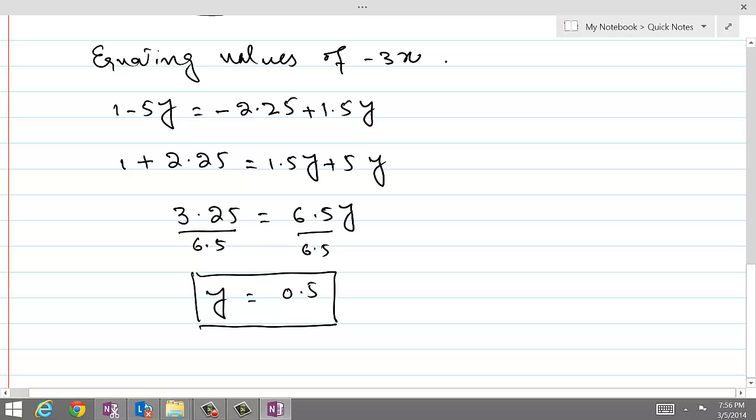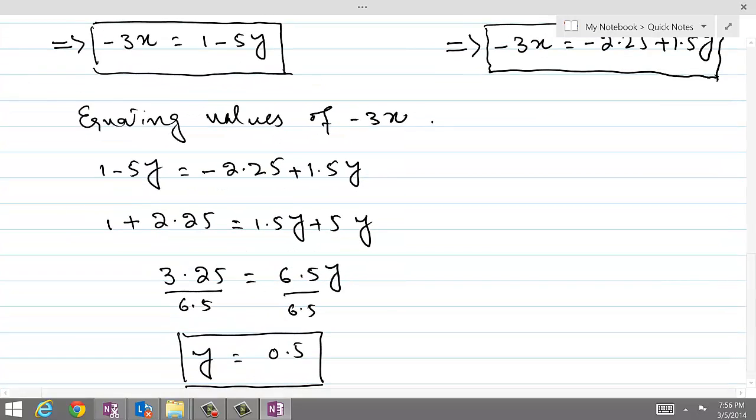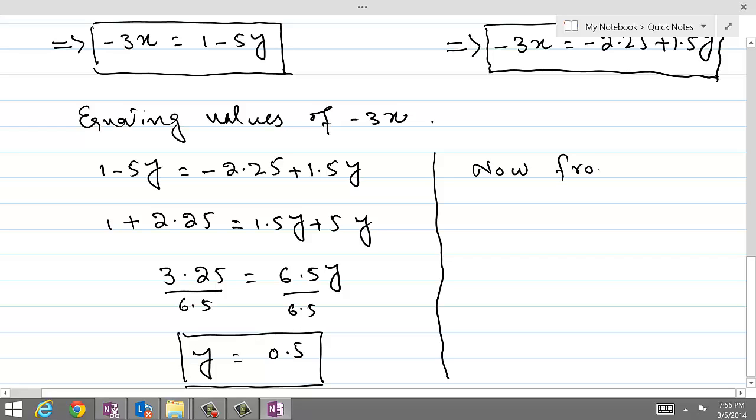Now if we substitute in either equation 1 or equation 2, we can get the value for the other variable. From equation 1, minus 3x equal to 1 minus 5y.